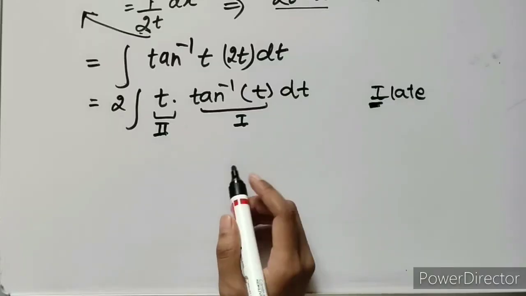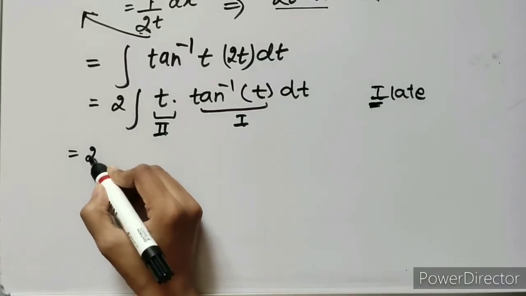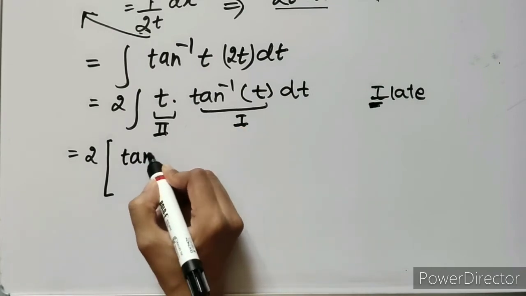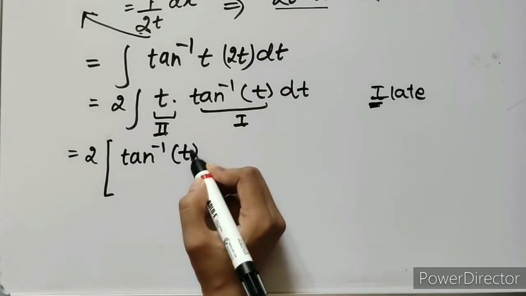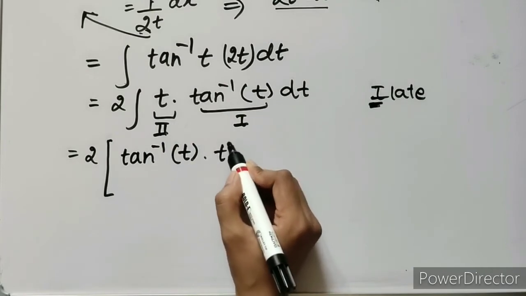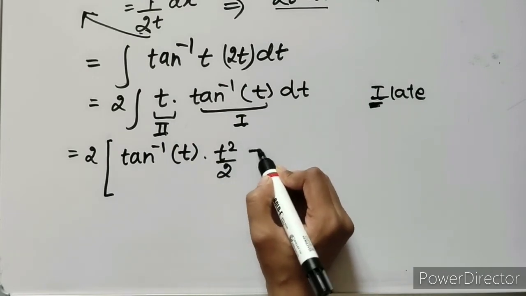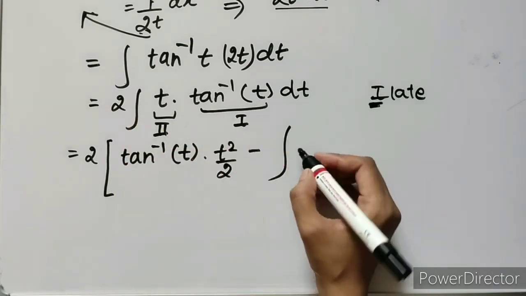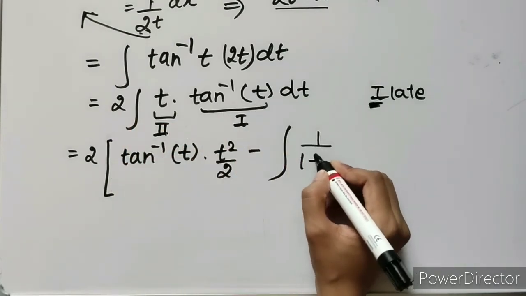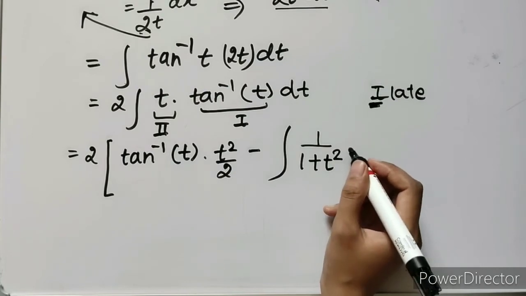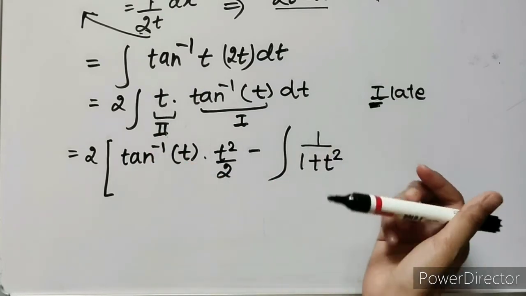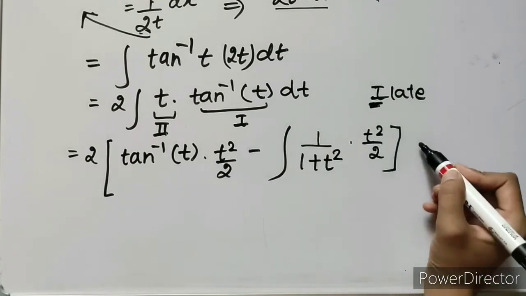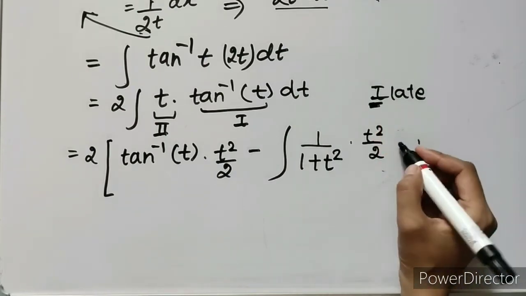Now apply the formula. It will be 2 times the whole bracket: first function as it is, so tan inverse t, integration of second function, so it will be t square by 2, minus whole integral of differentiation of first function, so it will be 1 by 1 plus t square, and integration of second function, which is t square by 2, dt.